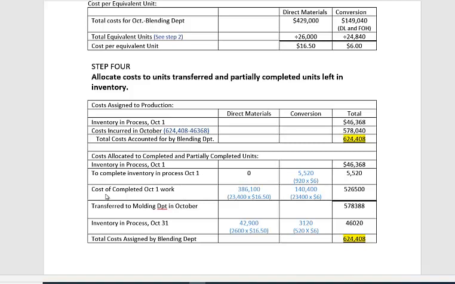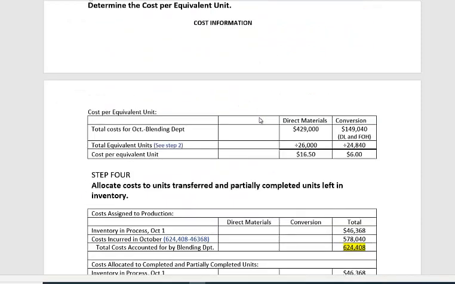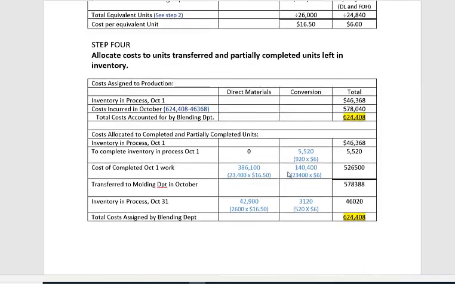Okay, so here is the cost of the work started and completed. So once again, we go back to our equivalent units. So basically what we're doing is taking these equivalent units and applying the cost per unit to them. So 23,400 equivalent units times 16.50 for materials gives us 386,100 for the materials, and then we'll take the 23,400 equivalent units for conversion costs and multiply those times 6, and we get 140,400.